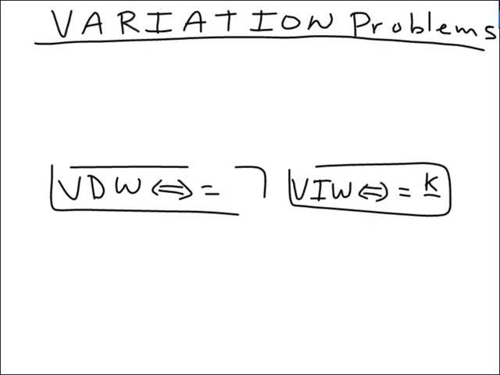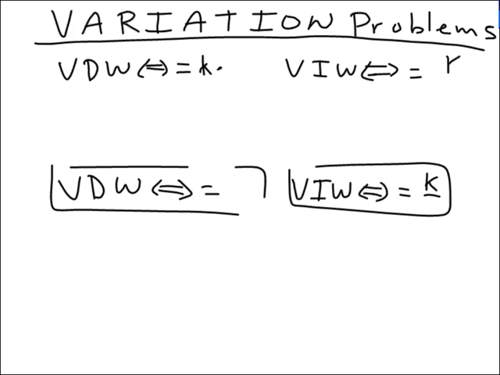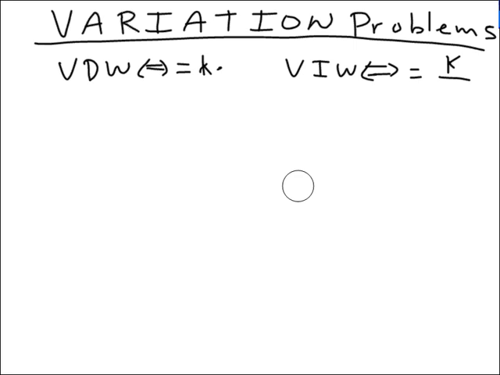Varies directly with means equals k times, and varies inversely with means equals k divided by, not k times. Okay, so now we can do problems involving inversely and directly.